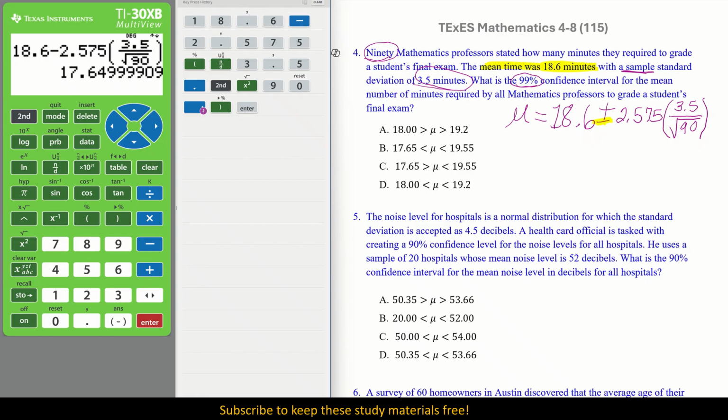Okay, well, with some rounding, we have 17.65. So that gets rid of A and gets rid of D. Well, I'm going to go with B, and I'll tell you why. C is not valid. The definition of confidence interval is that somewhere between a minimum and a maximum value lies the mean of our sample.